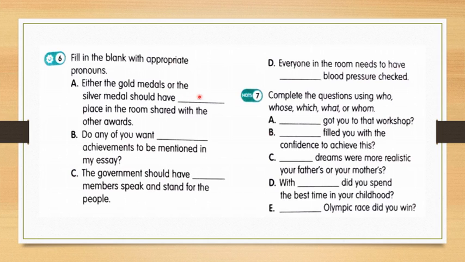Do any of you want dash achievements to be mentioned in my essay? Do any of you want your achievements to be mentioned in my essay? So like that, find out C and D answers.